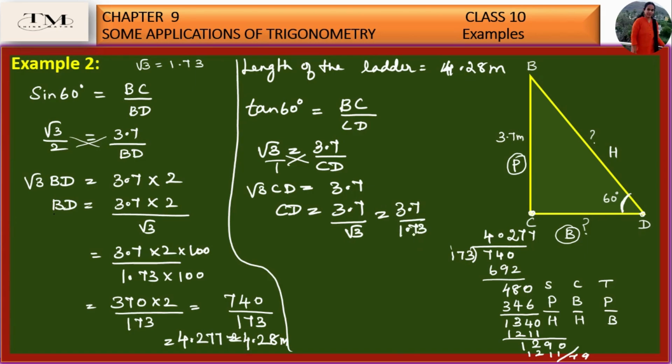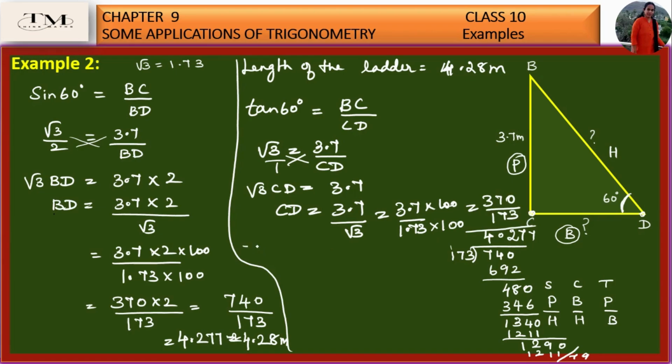Here after the decimal point there are two numbers. So we should multiply by 100 into 100. If you multiply by 100, we will get 370 divided by 173.